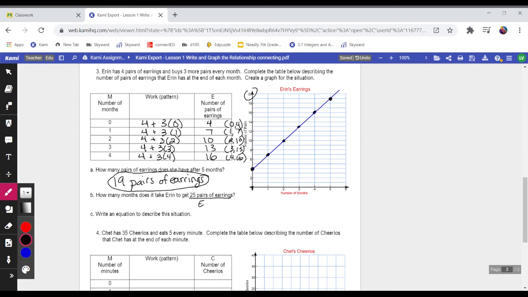So let's first solve letter C and then go back to letter B. Letter C, write an equation to describe the situation. Well, our total number of earrings is equal to 4 plus 3 times the number of months, which is M. So E equals 4 plus 3M, or E equals 3M plus 4.